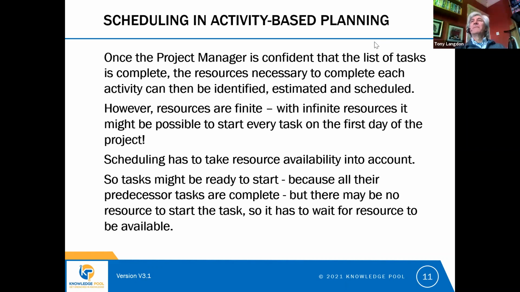Based on our estimate as to how long it is going to take, we can see when that task will be due to end. And if there are tasks that are dependent on that task, then we know when those other tasks can start, because we know when our first task will be finished.